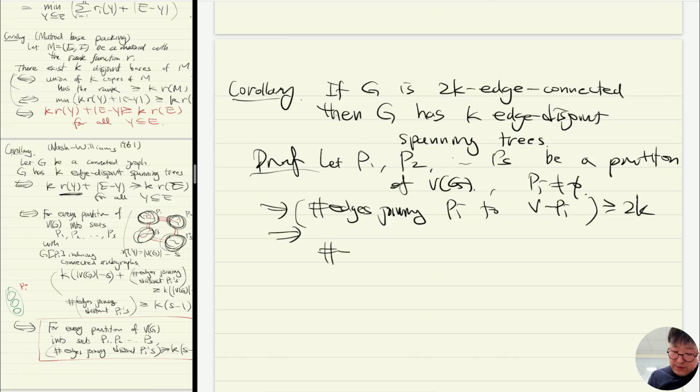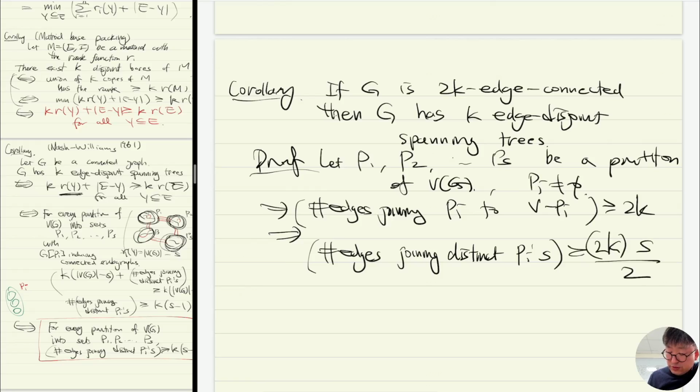So the number of edges joining distinct Pi's is at least 2k times S divided by 2. So this is at least k times S.